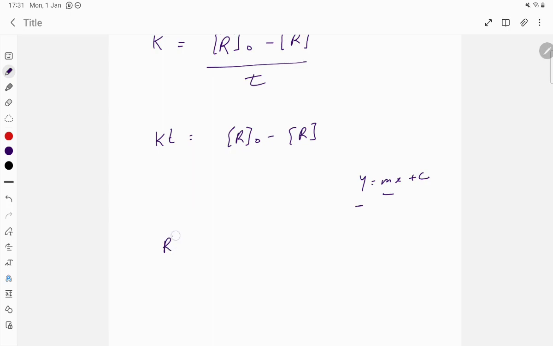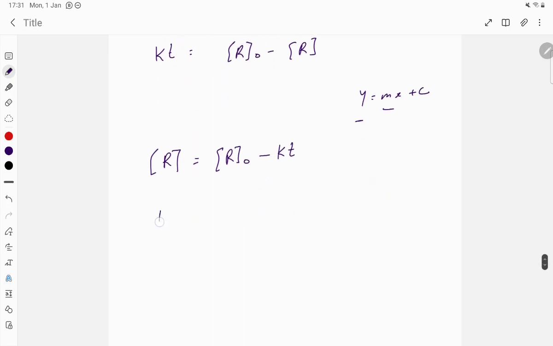So R is equal to R naught minus kt, or R is equal to minus kt plus R naught. Now you can compare it with y equals mx plus c.